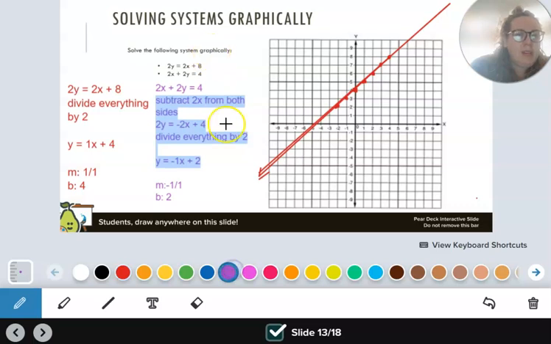And our second one has a y-intercept of 2 and a slope of -1. So down 1, right 1, down 1, right 1, or up 1, left 1, and then we see where it crosses. Perfect.